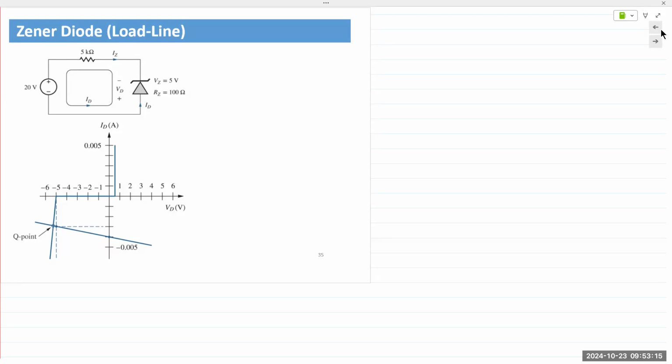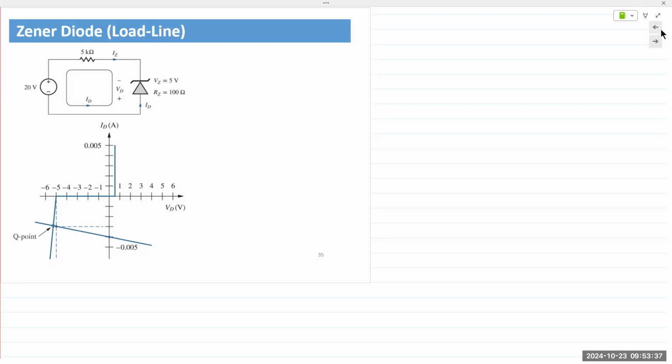Zener diodes are specifically fabricated with heavy doping in a small region. So a huge amount of dopants in a very small region to create that Zener effect at all voltage ranges. You can buy Zener diodes ranging from 2 or 3 volts all the way up to hundreds of volts.